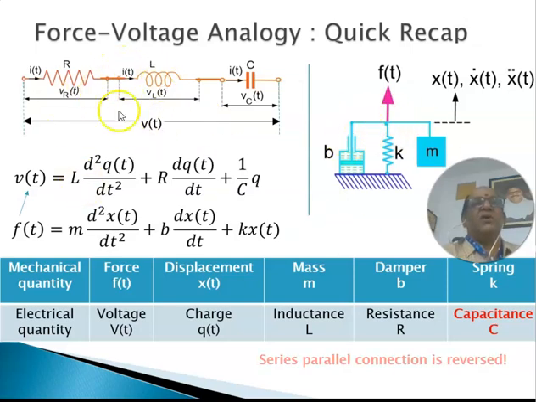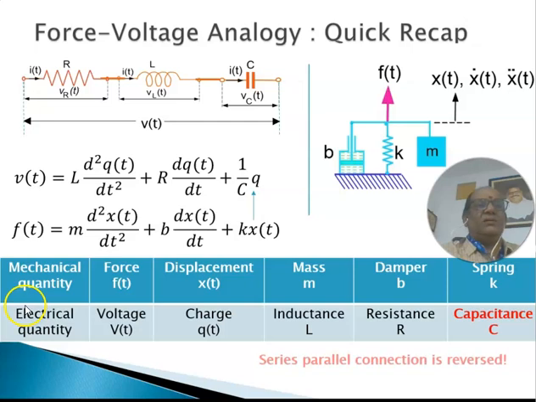That is why we call it force voltage electromechanical analog or direct analog, in which force is analogous to voltage, mass is analogous to inductance, resistance is analogous to damping, reciprocal of capacitance is analogous to spring, and displacement is analogous to charge.